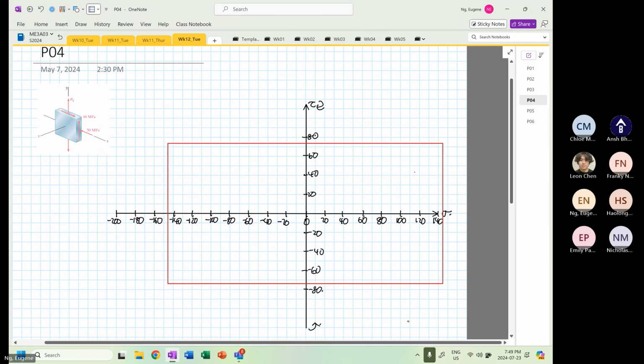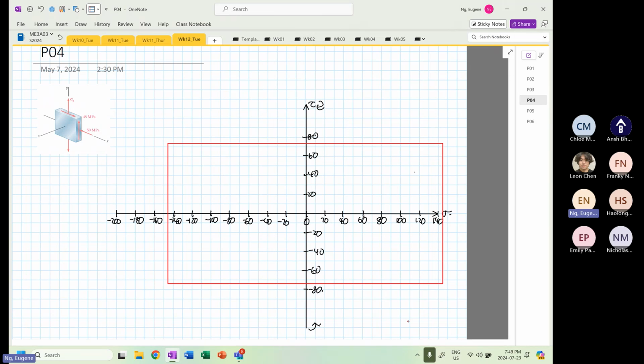And the 3D Mohr circle has to be inside this red box. I repeat again, the 3D Mohr circle has to be inside the red box. If any part of the circle is outside this red box, it will fail.